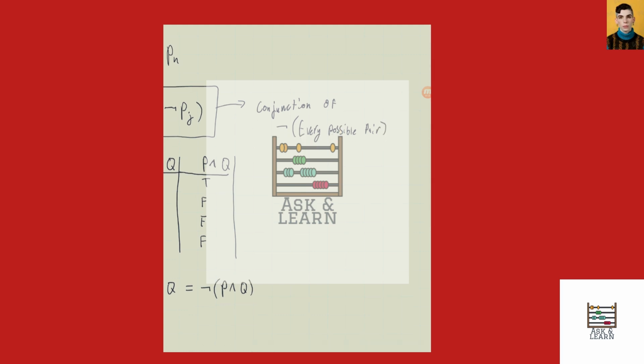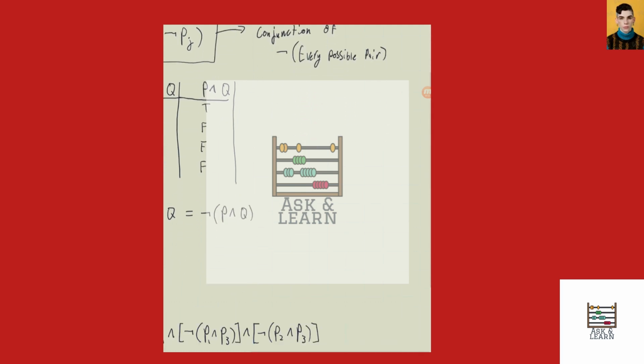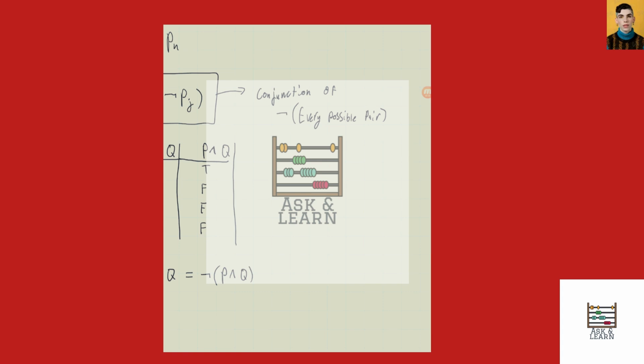If any one of those possible pairings ends up being true, its negation would be false, turning the entire conjunction false.